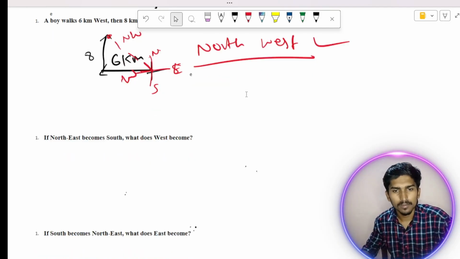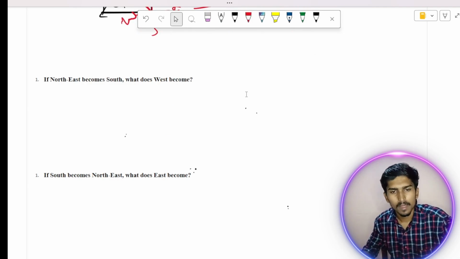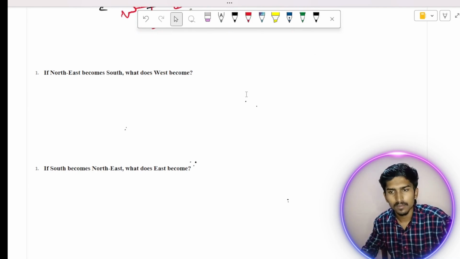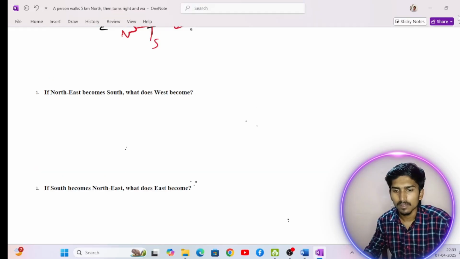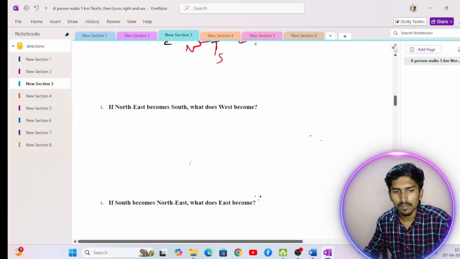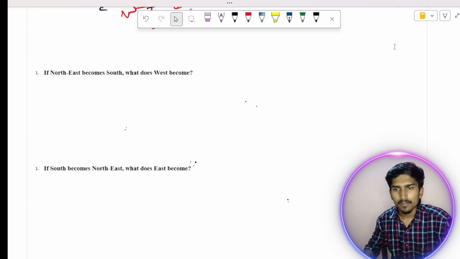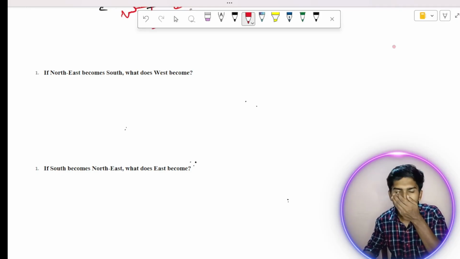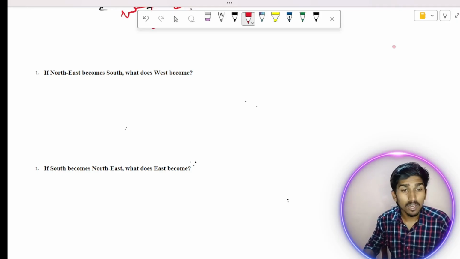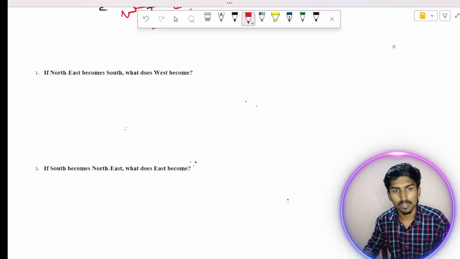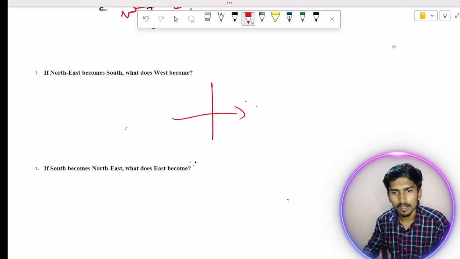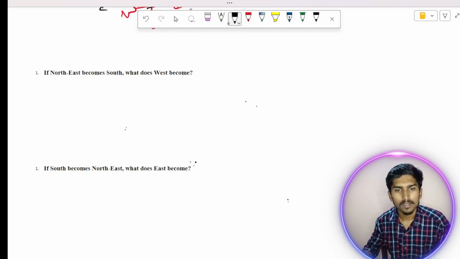Next question is what? If northeast becomes south, what does west become? See, this is another type of question. In this scenario, you should make the diagram which I have already explained in the basics concept.